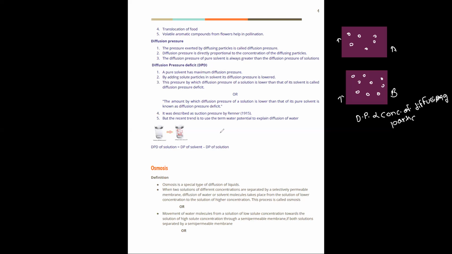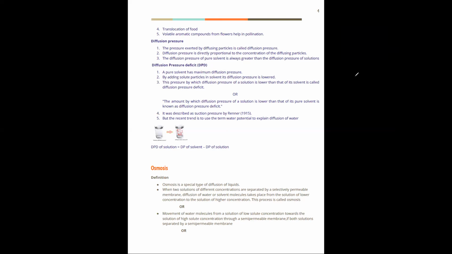To explain this, suppose you have taken a beaker with pure water. In this beaker only water molecules will be present. So the amount of water molecules in this beaker is higher, and that is why its diffusion pressure will also be higher.